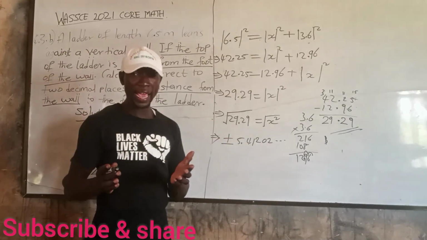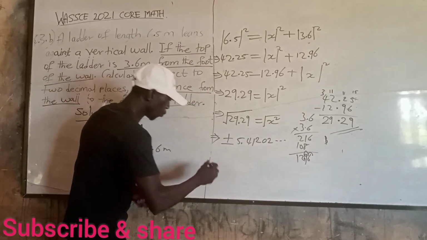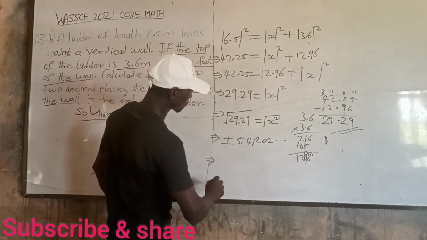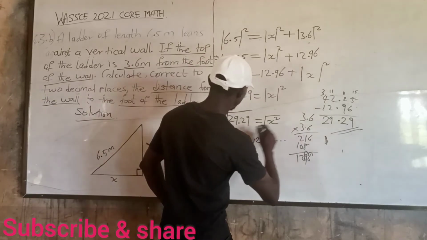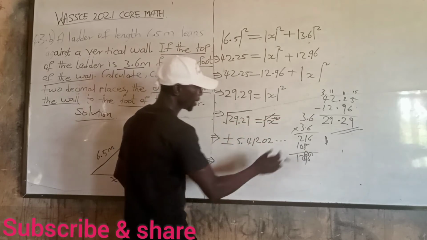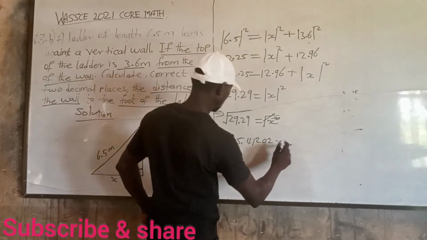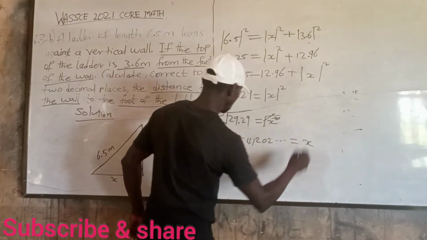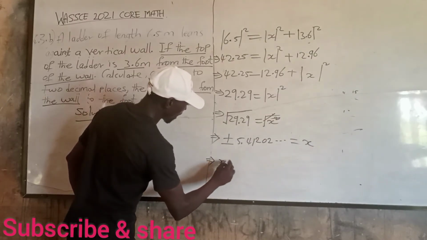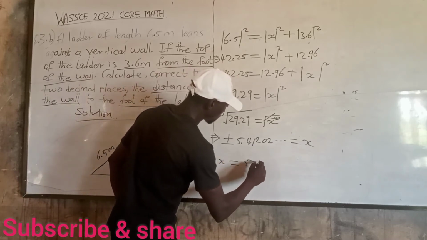But what will the final answer be? Stay tuned and watch. So this square here will cancel the square here. This will now be x. So therefore x equals 5.41.